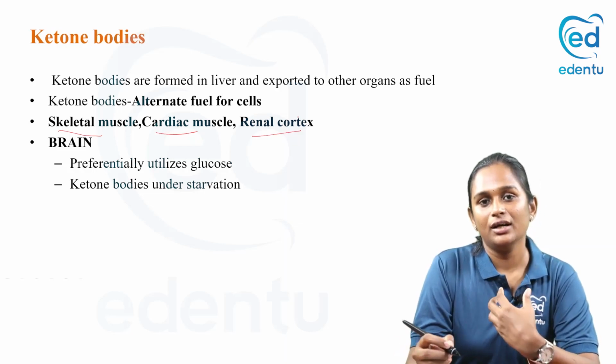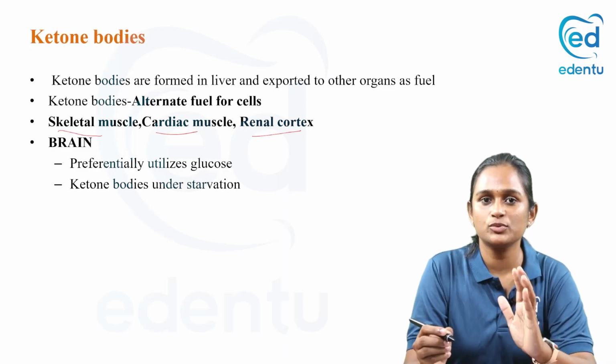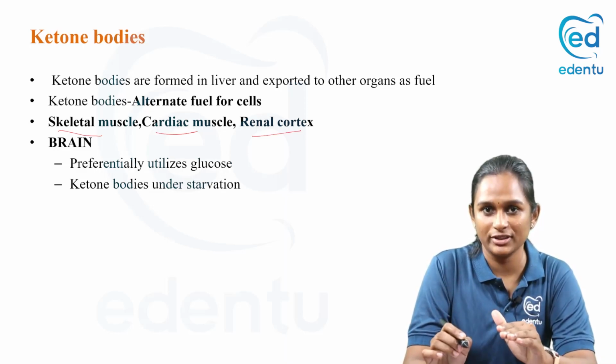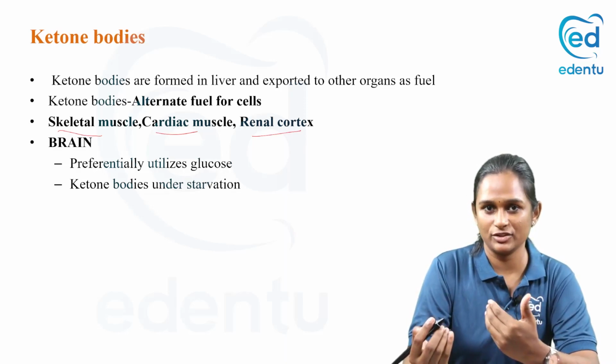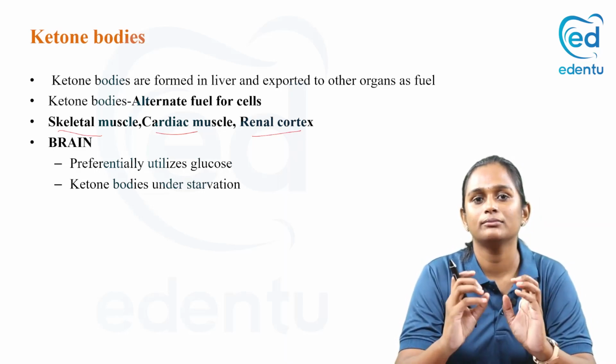Brain cells will preferably use only glucose as the source for energy. If that glucose is not available, the brain cells will utilize ketone bodies as the source of energy. There are certain cells which depend only upon glucose for energy.